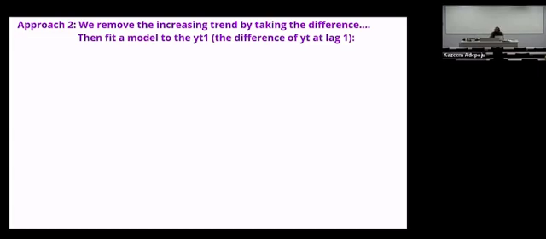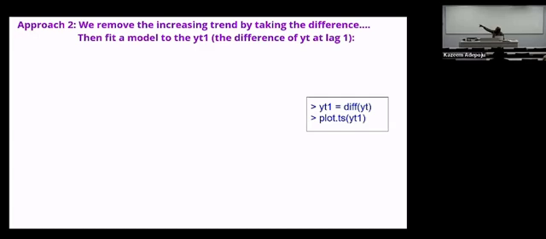Does that make sense? If you want to take the difference, as I told you the other time, our differencing is an intervention. Now we're going to start by differencing at lag 1. Take a look at that code. Initially, YT was problematic because there was a violation of the stationarity assumption due to the increase in mean over time.